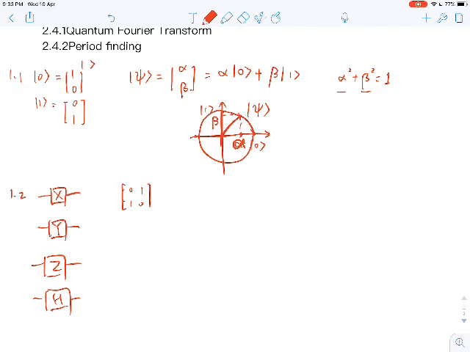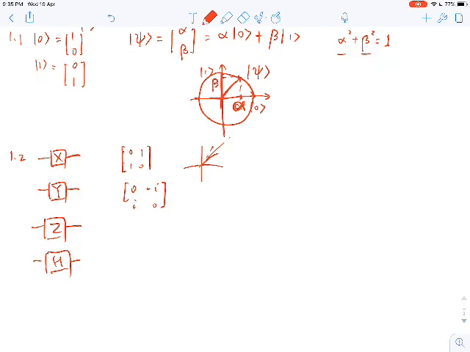It just makes the bit flipped along this direction. And the Y gate is (0 minus i; i 0). Z gate is (1 0; 0 minus 1).